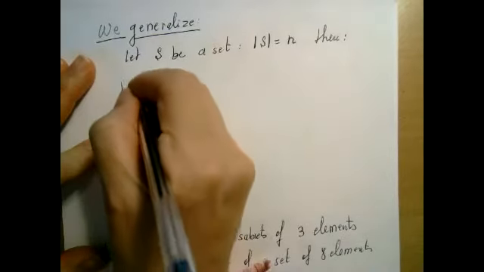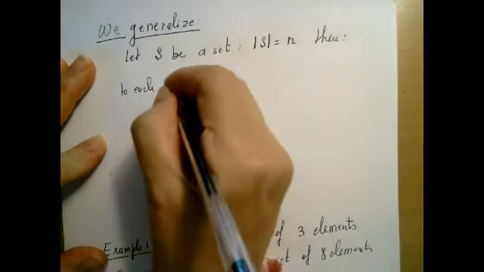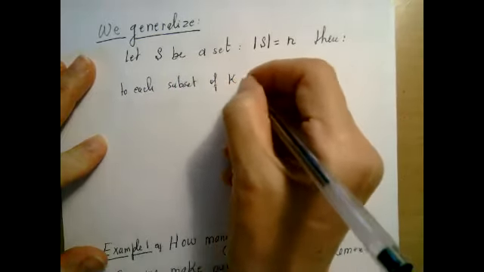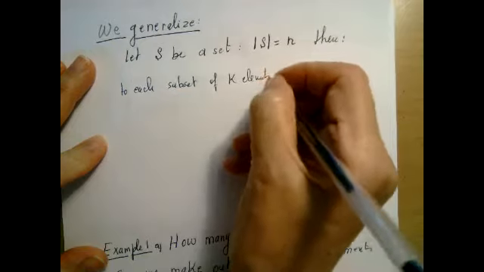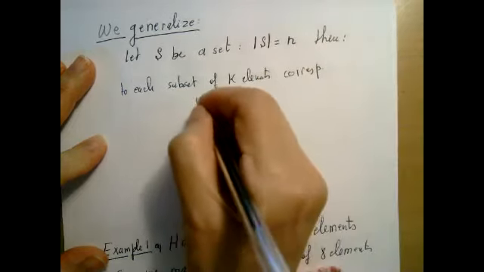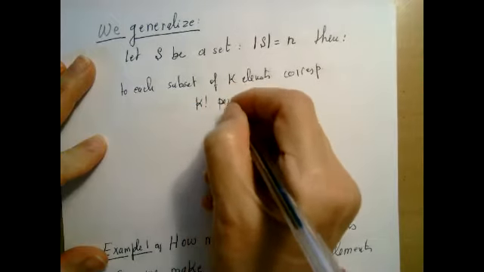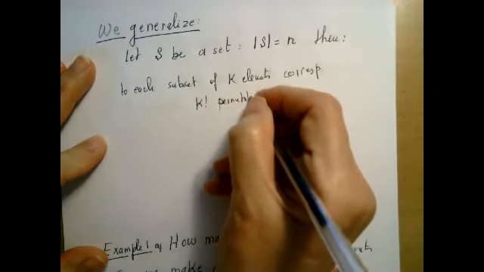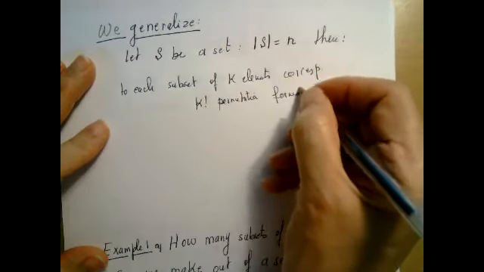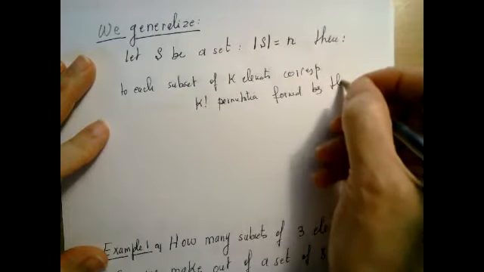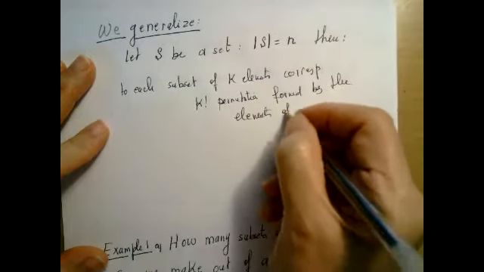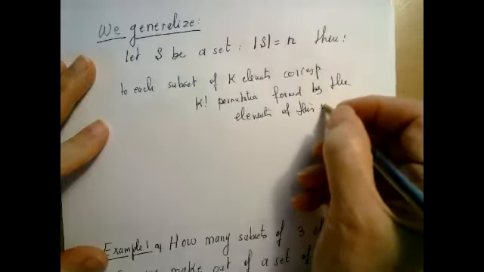That's the logic: to each subset of K elements correspond K factorial permutations formed by the elements of this subset.